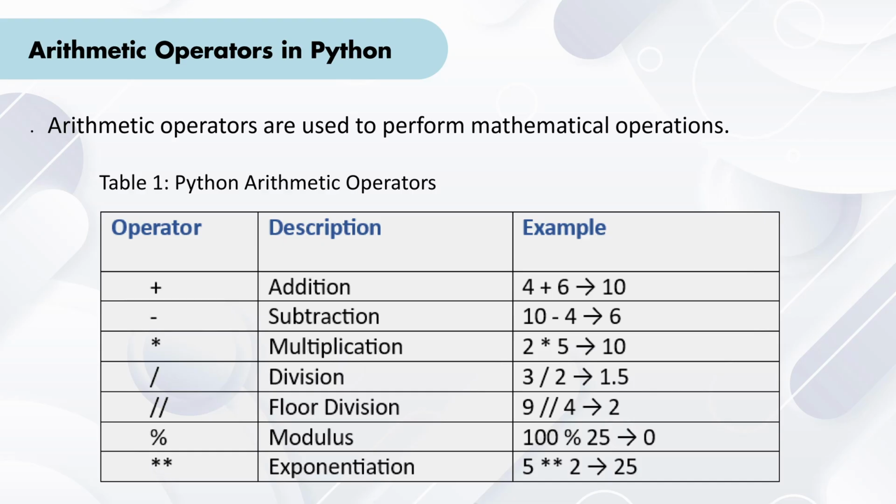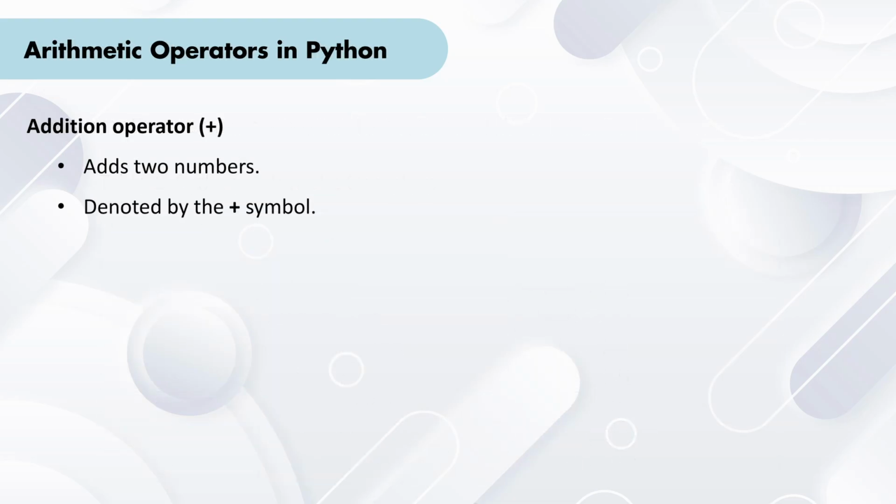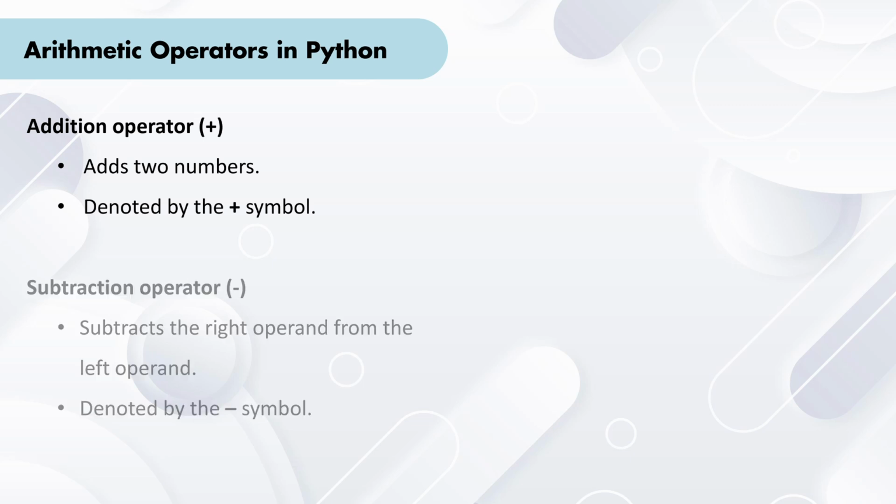These operators perform basic mathematical operations such as addition, subtraction, multiplication, division, modulus, exponentiation, and floor division. The addition operator adds two numbers and it is denoted by the plus symbol. Similarly, the subtraction operator subtracts the right operand from the left operand and it is denoted by the minus symbol.